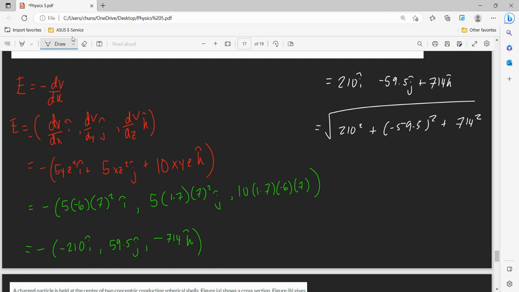So let's calculate that. 210 squared plus 59.5 squared plus 714 squared. And then when we take the square root of this, this becomes 746.616.